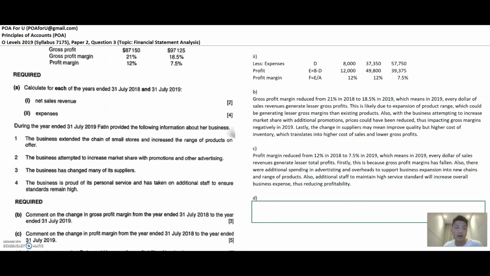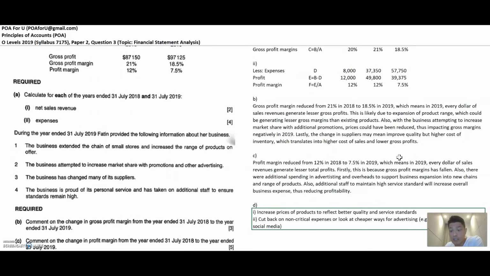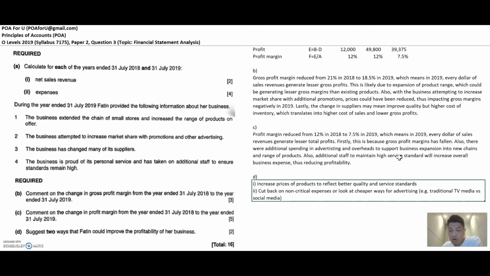Okay, so I've put in 2 ways to increase profitability. You could increase the price of your products, especially for some range of products where there is really strong demand, and your products is a leader in the market and they reflect better quality and service standard. And therefore, when you increase the price of the products, consumers will still buy. And when consumers still buy, then your overall profitability from selling that product will be higher.